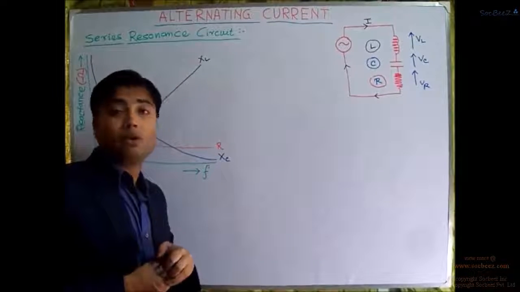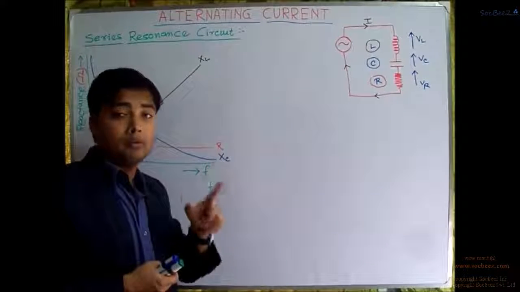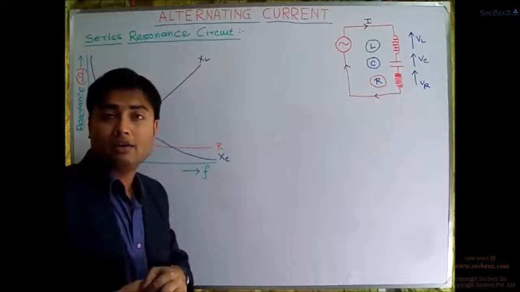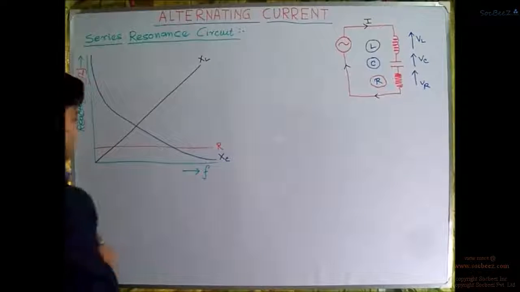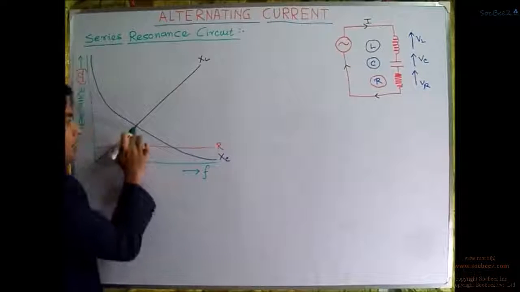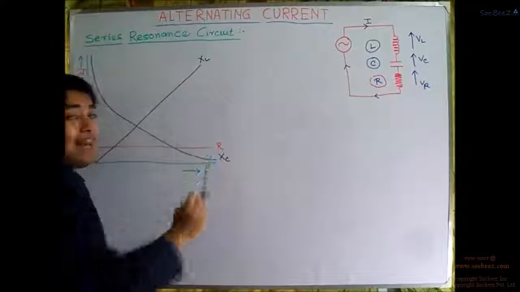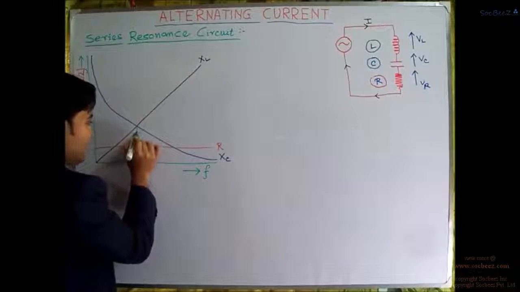They are dependent on frequency, whereas this R was independent of the frequency. That is the reason why it is a straight line, right? Now observe minutely the situation.